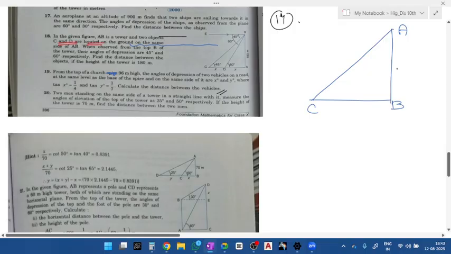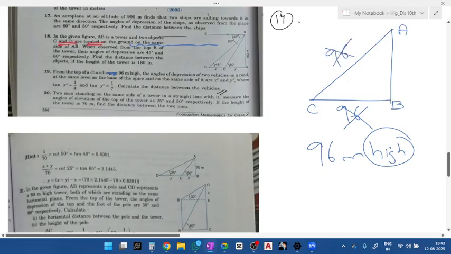Any object, students, whenever they mention 96 meters high, it is nothing but the height. It will definitely be AB. It cannot be CB. Don't write 96 here. Nothing will be slanting. It can't be 96 for AC.